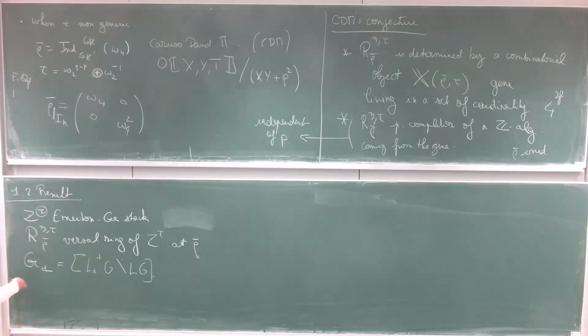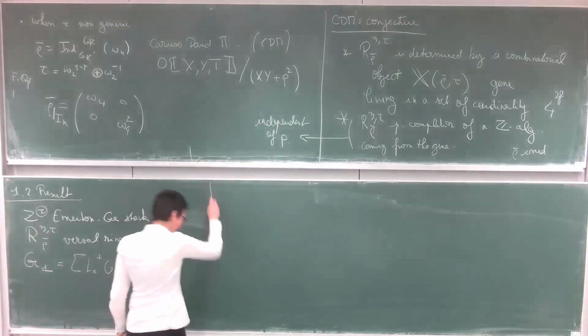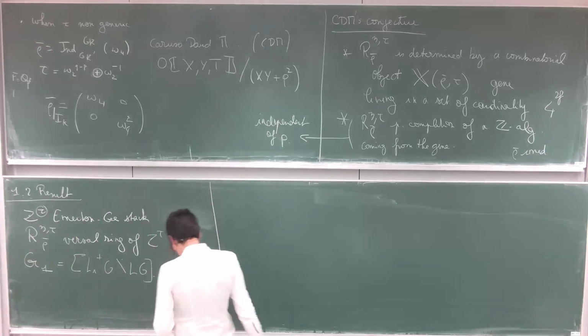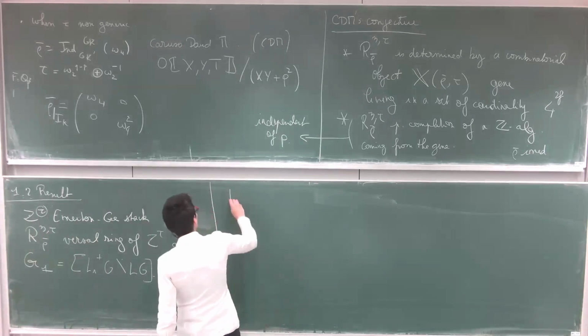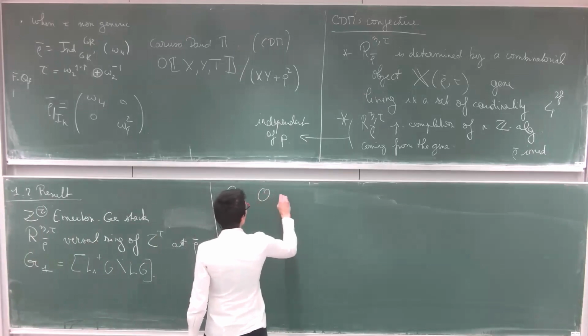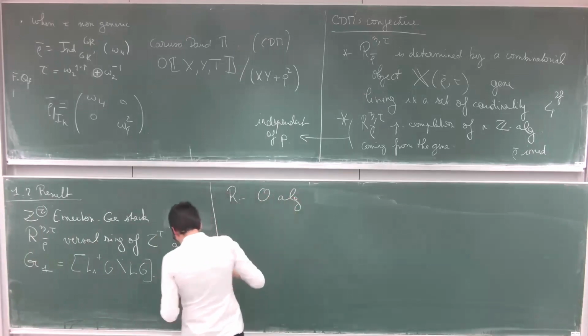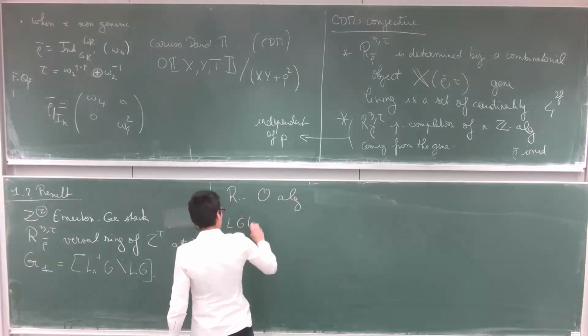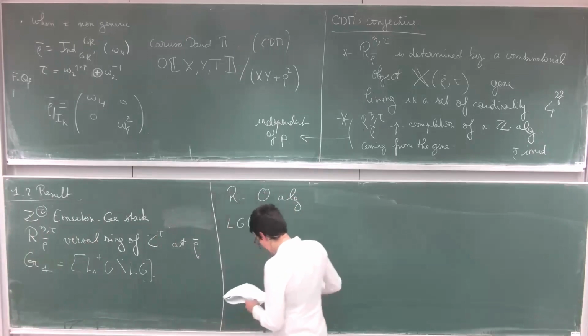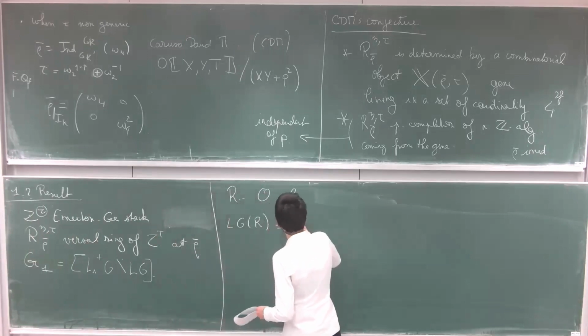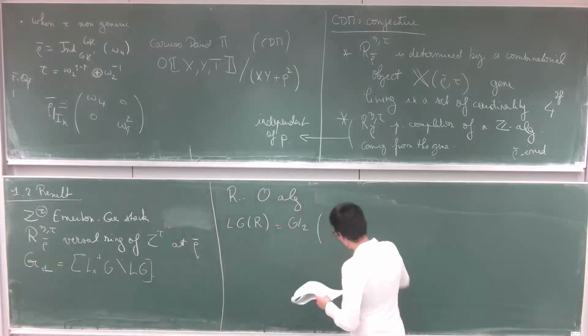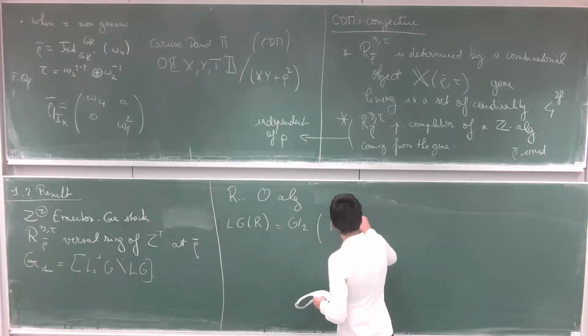Okay, so I need this Grassmannian. Let me introduce a little bit of notation because it will be useful later. If R is an O-algebra, I will denote LG of R the loop group of this one.